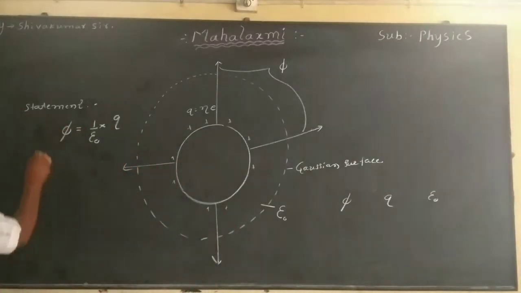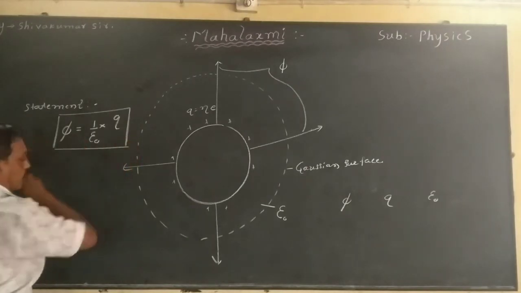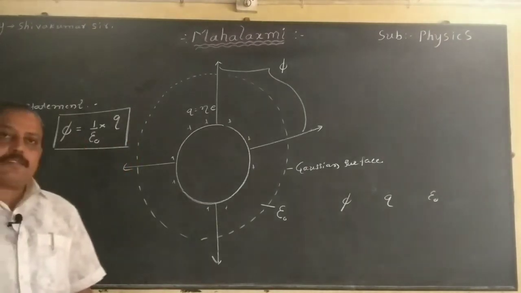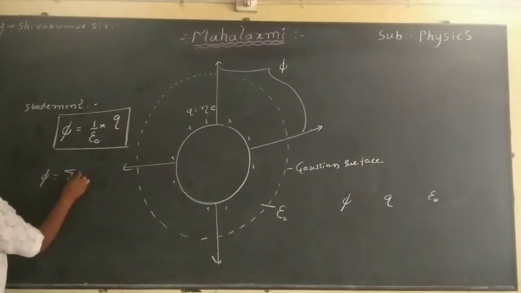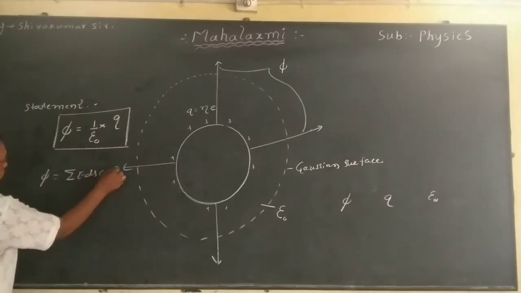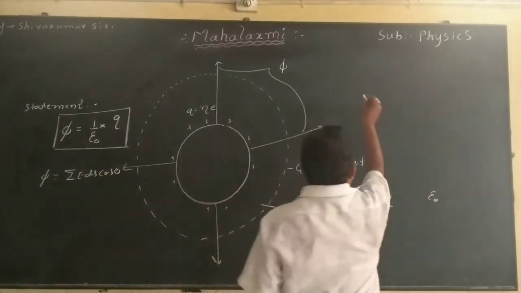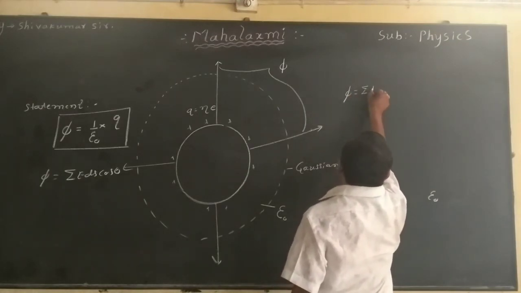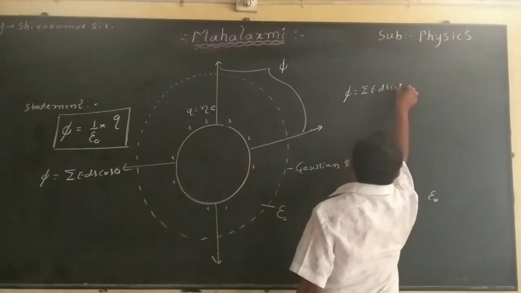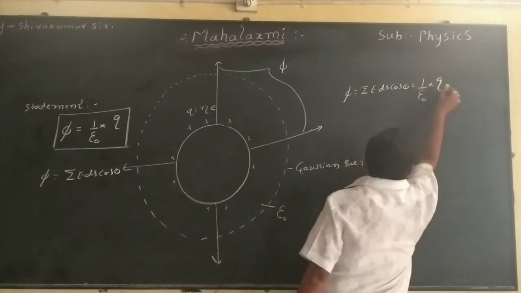Knowing this Gauss theorem statement, and from the earlier class, we have one more equation, the mathematical equation for electric flux: phi equals sum of E ds cos theta. Then I make the single equation: the total electric flux phi equals sum of E ds cos theta, which is equal to 1 by epsilon naught times the total charge enclosed.